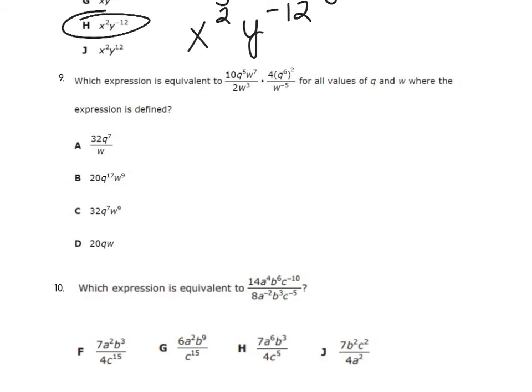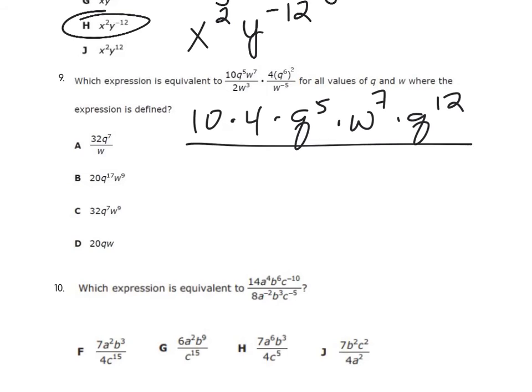Okay, number 9. Which expression is equivalent to those two fractions multiplied together? So the first thing I'm going to do is look at my integers. So I have 10 times 4 in the numerator times q to the 5 times w to the 7th, and then I multiply those exponents together, times q to the, now I can't see what numbers those were, to the 12th.